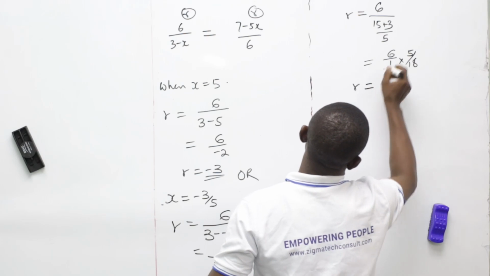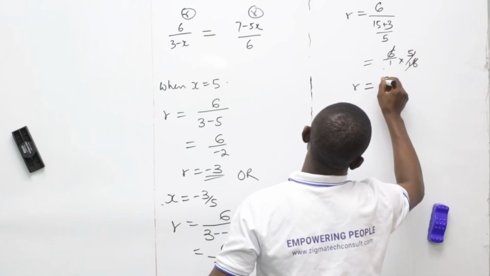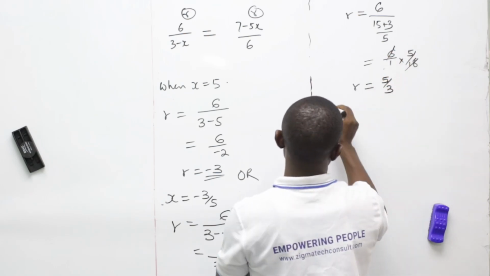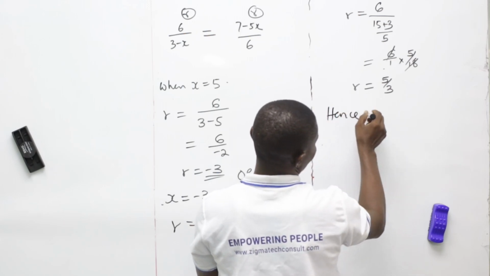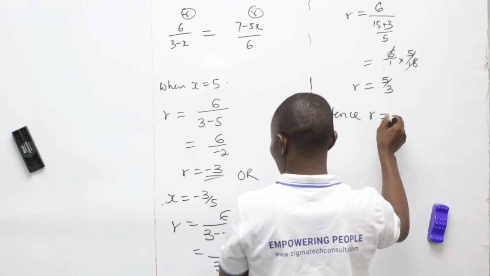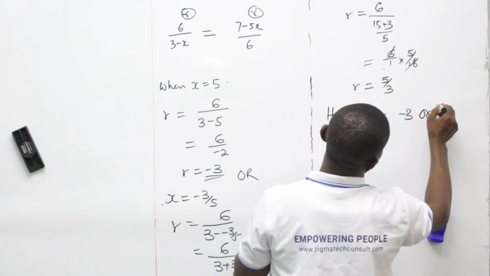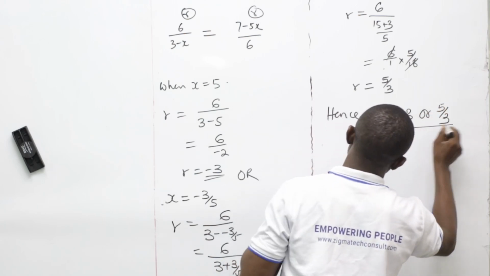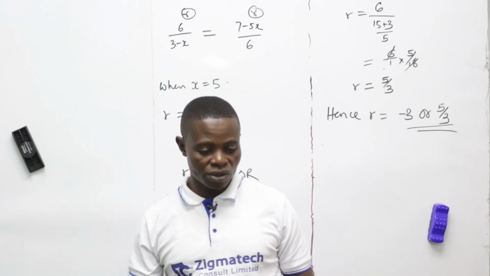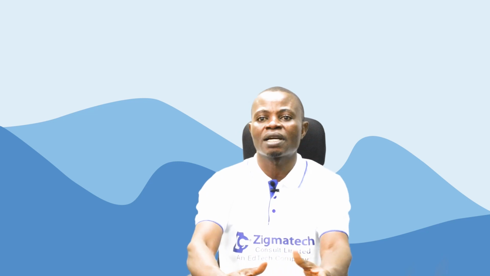So that r equals 5 all over 3. Hence, common ratio equals minus 3 or 5 all over 3. That settles that problem. Thank you for participating in today's class.